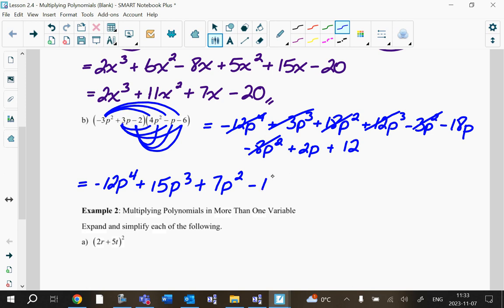Negative 16p. That takes care of those, and then there's just a plus 12. Okay, so you got to keep careful track of everything. So that's if we're multiplying bigger than just binomial by binomial. Same rules apply.